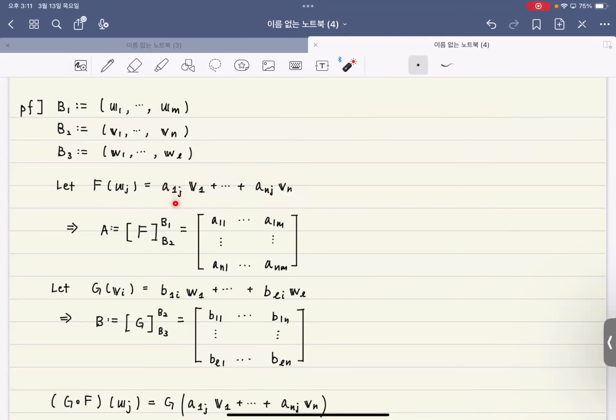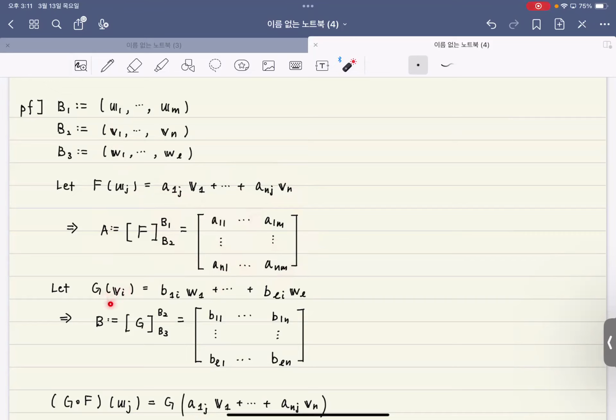These are my coefficients. Writing down these coefficients in a vertical manner, I get a matrix representation of F with respect to bases B1 and B2, just like this. Just writing these numbers from top to bottom, you get this matrix, one by one.